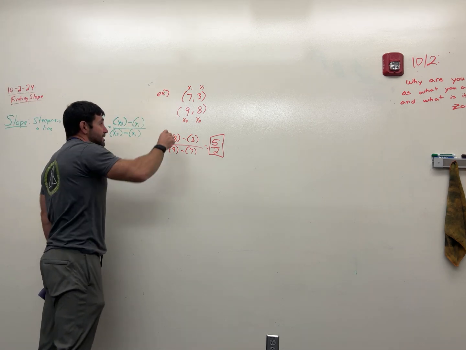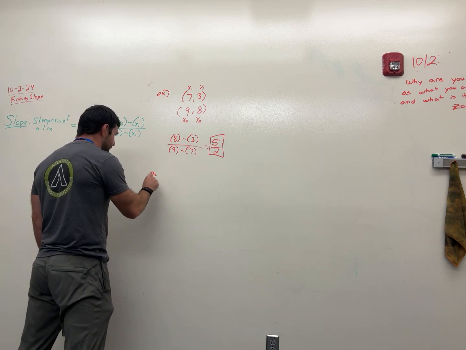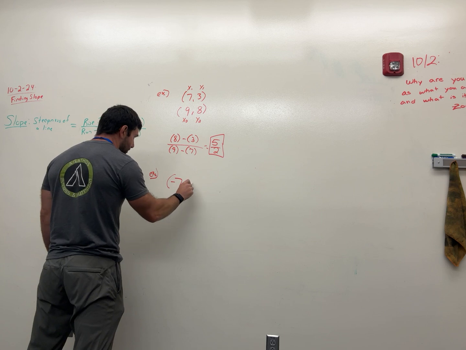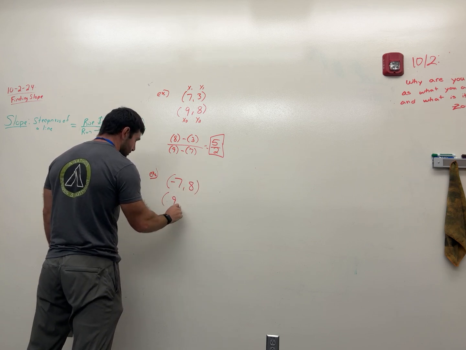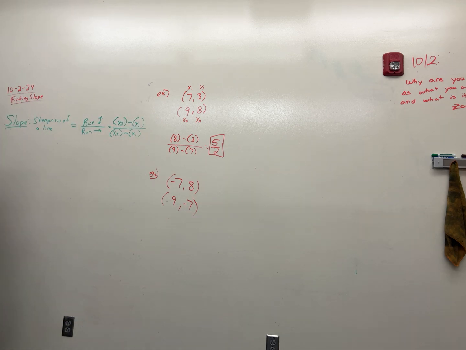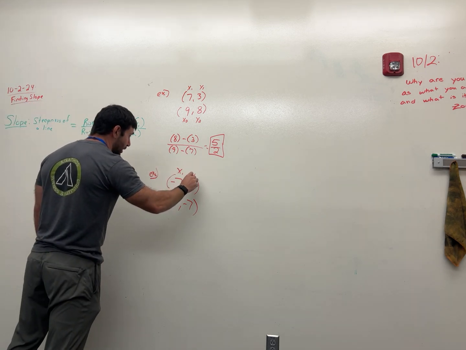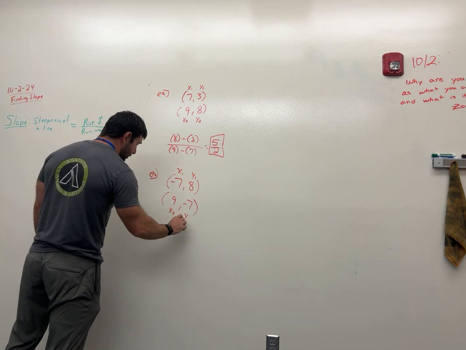But Mr. H, I've never seen it where we have to put things in parentheses like this. You're right. Because of problems like this. Okay? So now we have x1, y1, x2, y2.